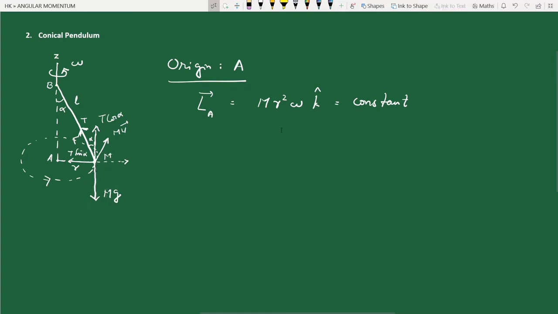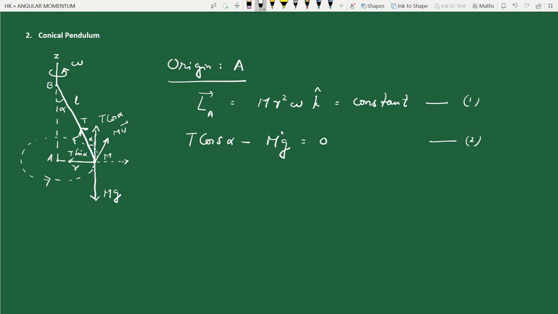So we can write T cos alpha minus mg equals 0, taking the vertical direction as positive. Let's call this equation 2.